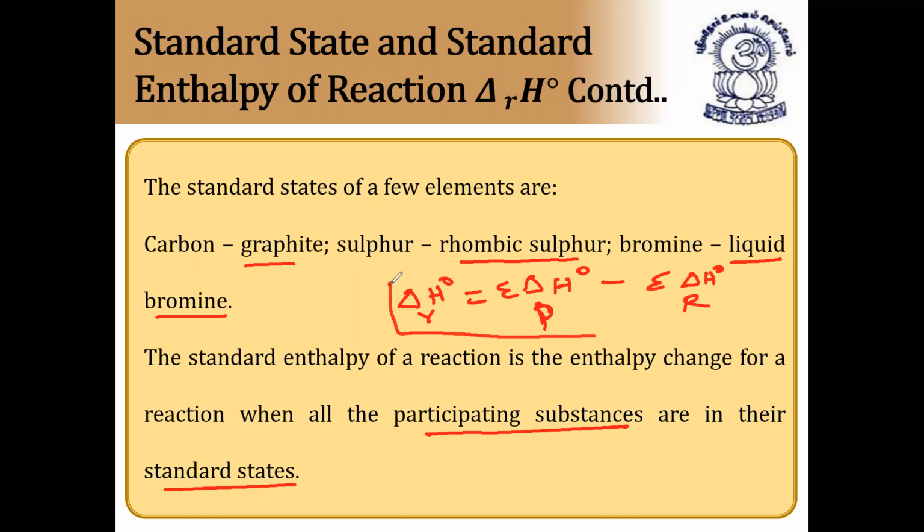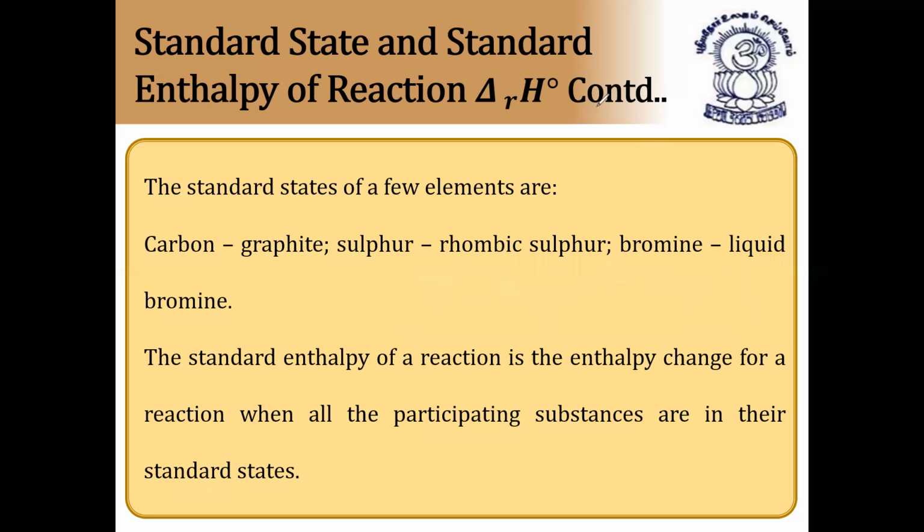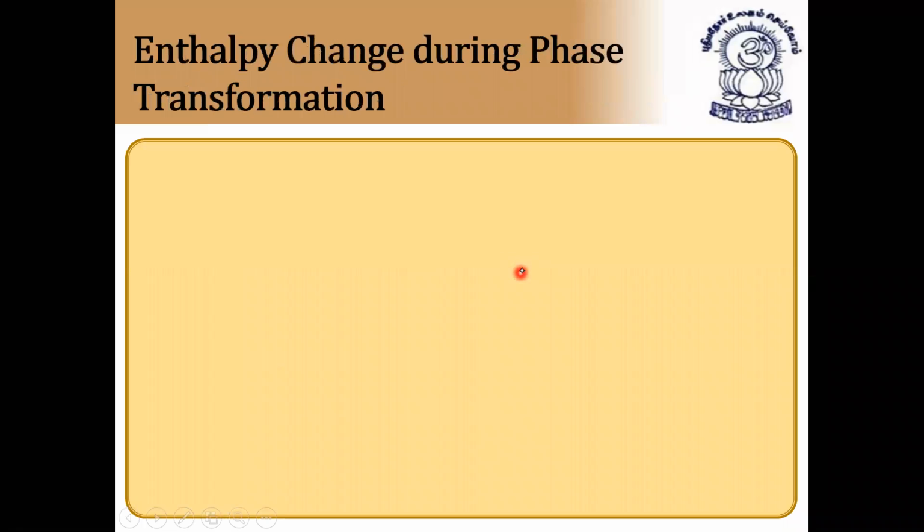Standard heat of reaction is equal to sigma standard heat of formation of products minus sigma standard heat of formation of reactants. I hope it is clear. Why are we taking this? Because these are very important in numericals.